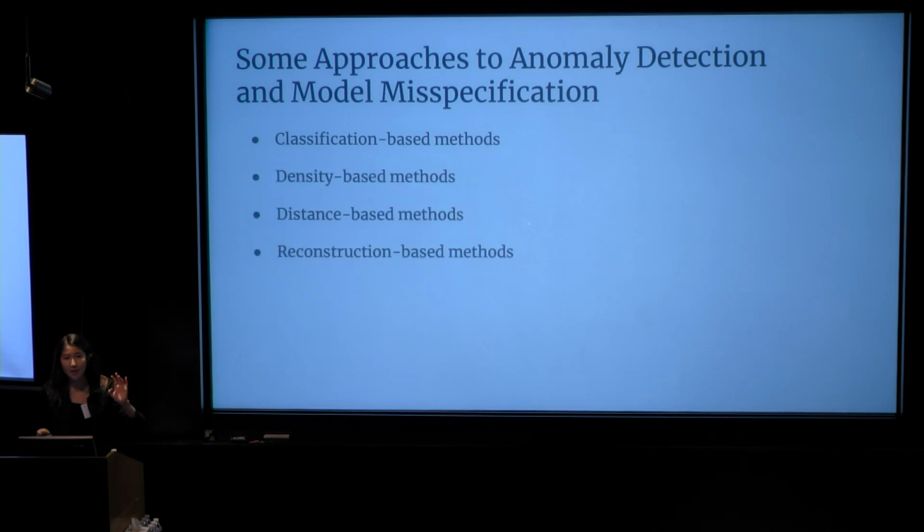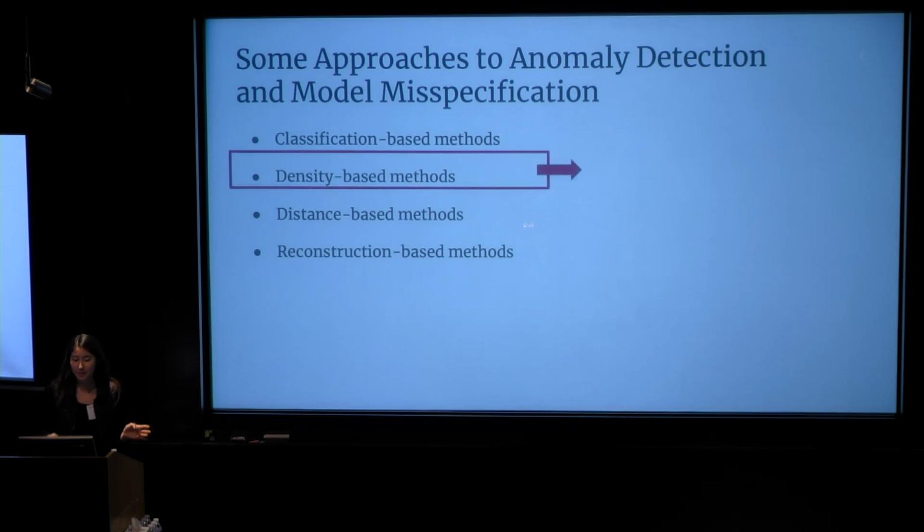And in terms of some of the approaches to anomaly detection and model misspecification, in the literature, there are broadly 4 different classes of methods that we can separate these approaches into. But the one that we'll be using in this project is a density-based method. So in general, density-based methods model explicitly the distribution of the data, P of x.